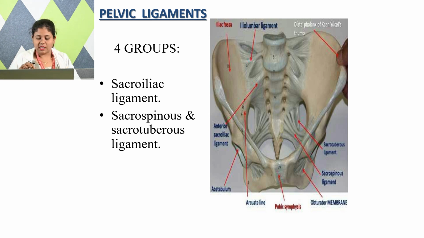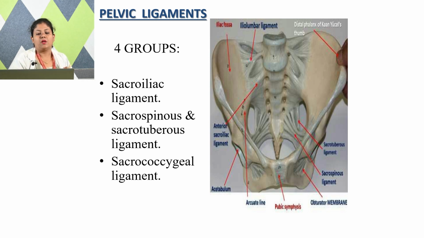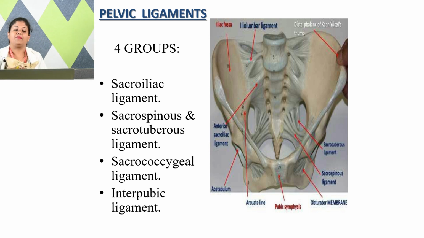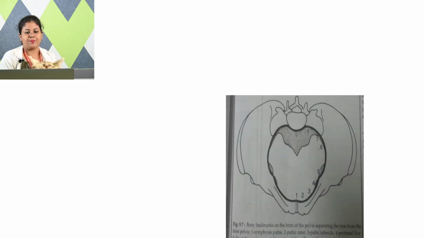The ligaments are grouped into 4: the sacroiliac ligaments between sacrum and ilium, the sacrospinous ligament, the sacrotuberous ligament, and the sacrococcygeal ligament, along with the interpubic ligament. So these are some of the ligaments in the pelvis.